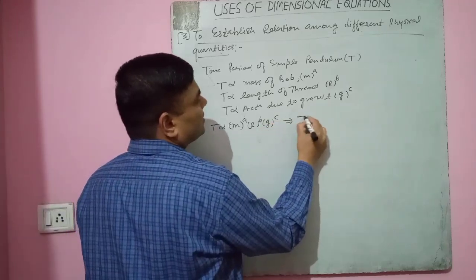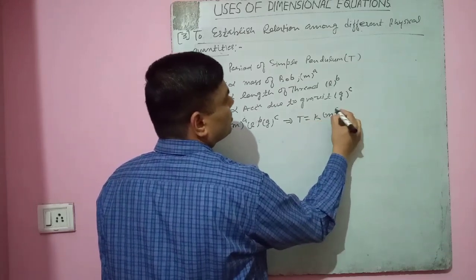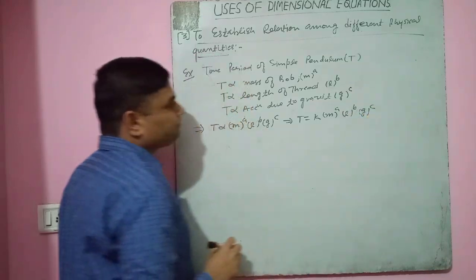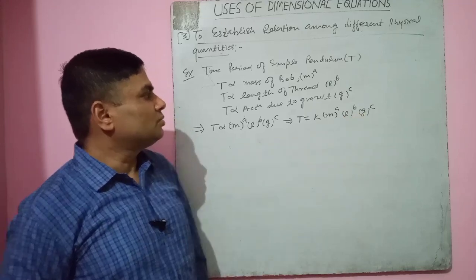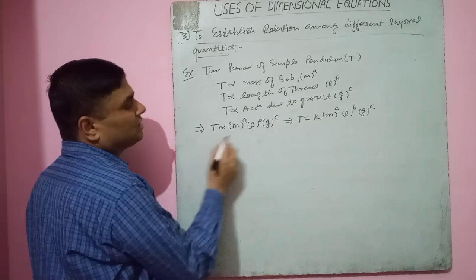This implies T is equal to a constant k times m raised to the power a, l raised to the power b, g raised to the power c. Here m is the mass, l is the length, g is the acceleration due to gravity, and T is the time period.